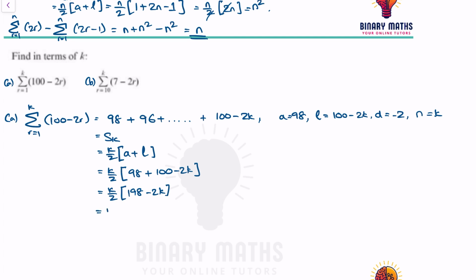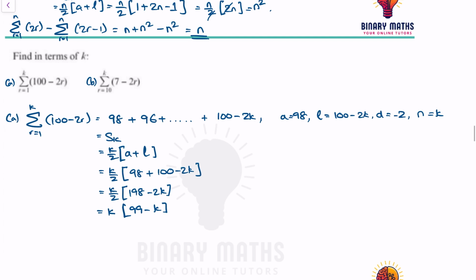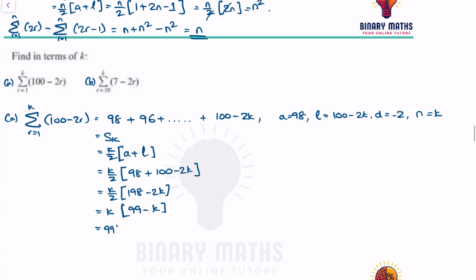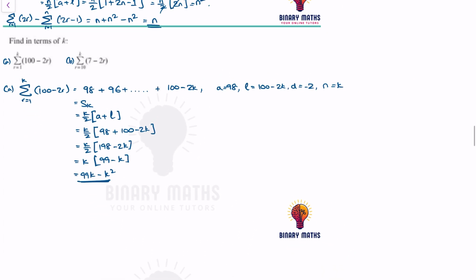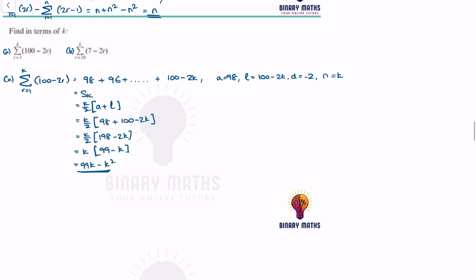So if you divide everything inside the bracket by 2, you get rid of the over 2 at the beginning. So that means you get k times 99 minus k. If you expand the bracket, you get 99k minus k squared as an expression for the summation. Okay, B, let's go through B now.